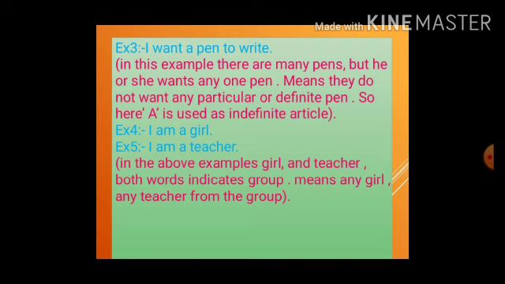Next example, I am a girl. Next one, I am a teacher. In the above examples, girl and teacher, both words indicate group, means any girl, any teacher from the group.